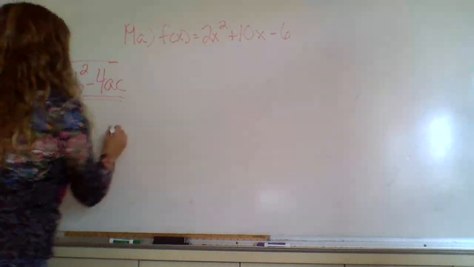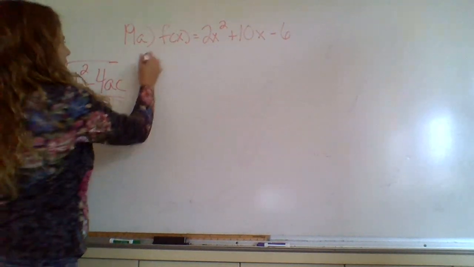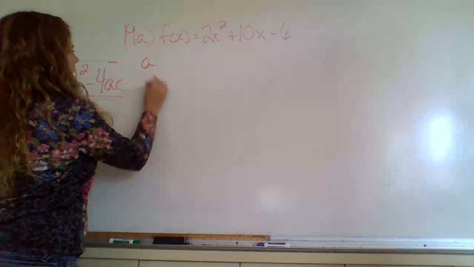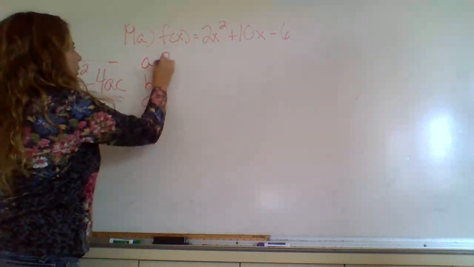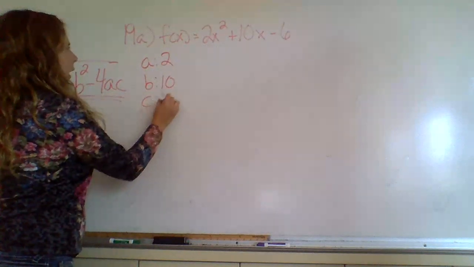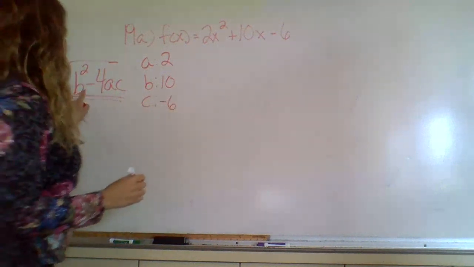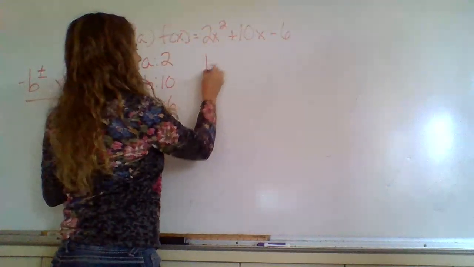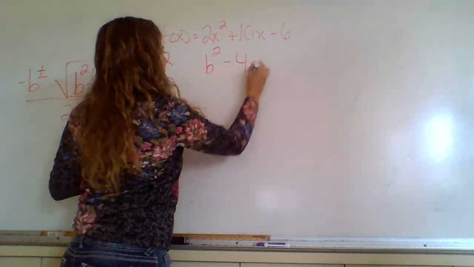Okay, so let's see. This is A, B, C. A is 2, B is 10, C is negative 6. All right, so b squared minus 4ac.